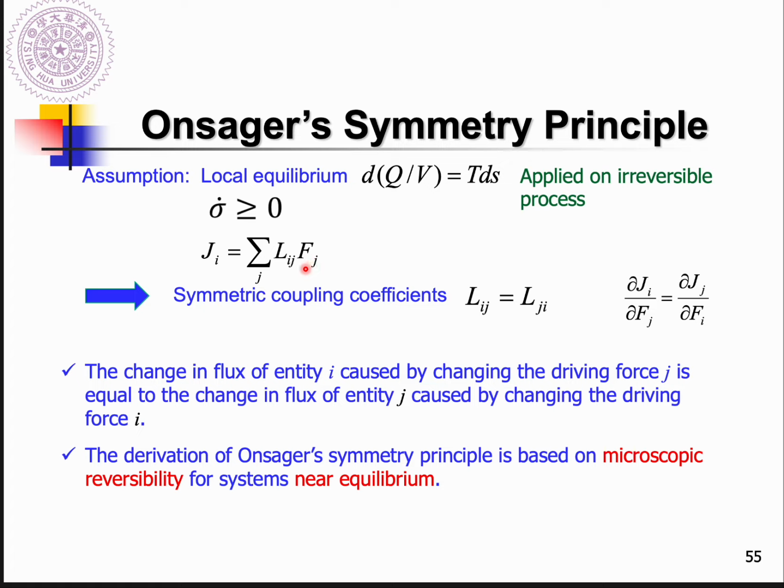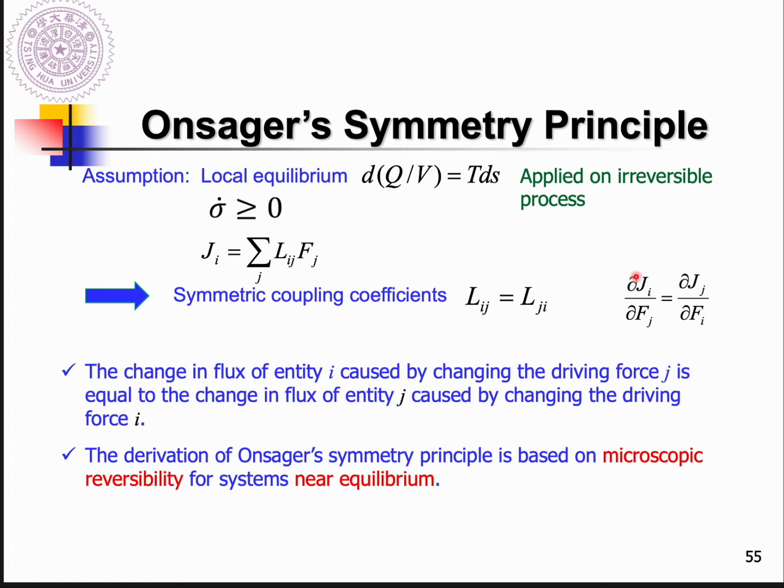And under these situations, what's the Onsager symmetry principle, which is used to describe this coupling coefficient? There will be a symmetric coupling coefficient, meaning Lij equals Lji. So let's think about what Lij is.